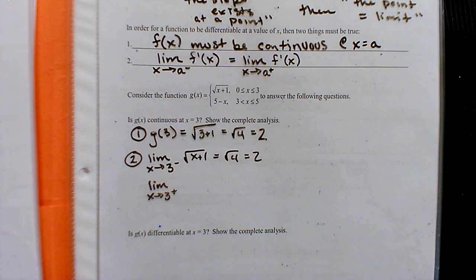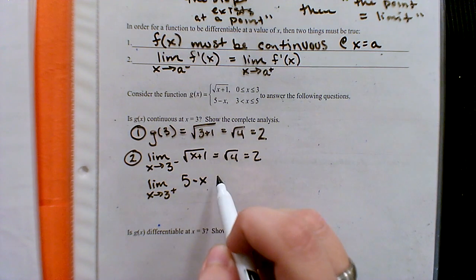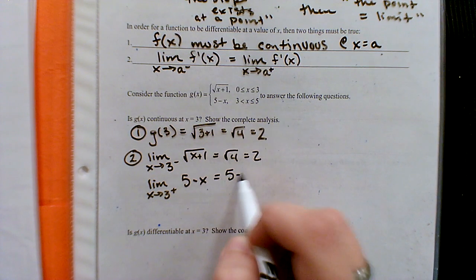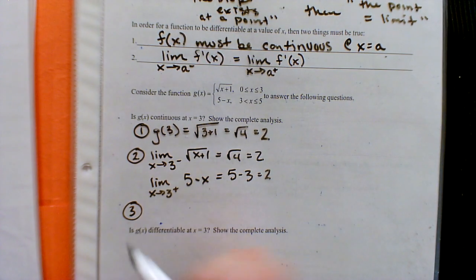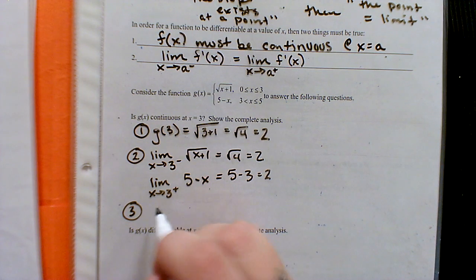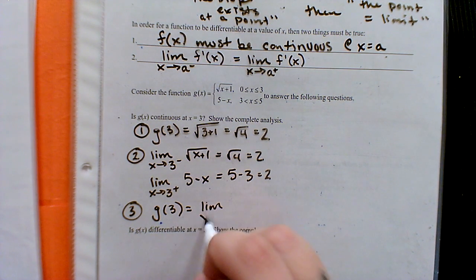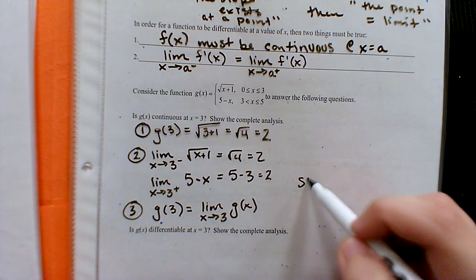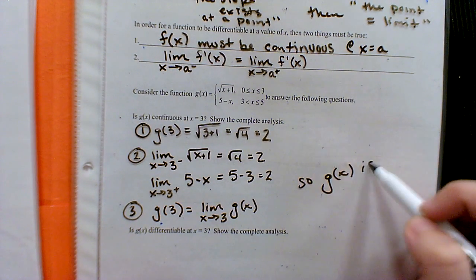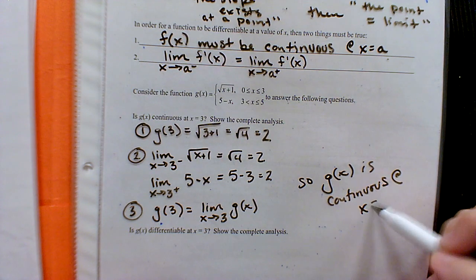If we plug in 3 for the right-hand side equation, which would be the 5 minus x, looks like we also get 2. Do the point and the limit match? Yes, so we can say g of 3 equals the limit as we approach 3. So g of x is continuous at x equals 3.